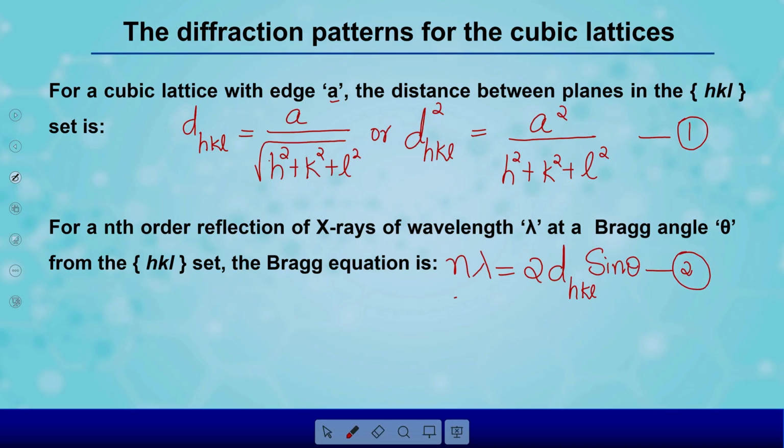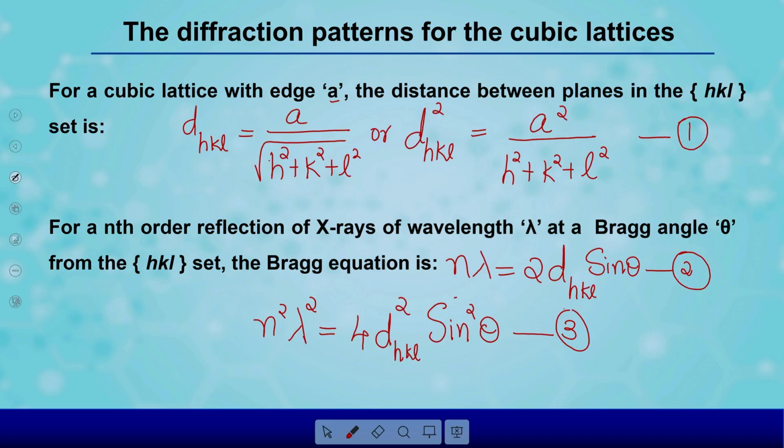Now, if we take the square of this, we can write n square lambda square equal to 4 d_hkl square sin square theta. So, let this be equation 3.